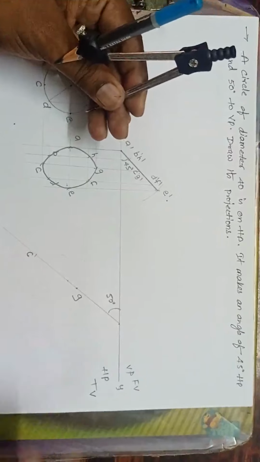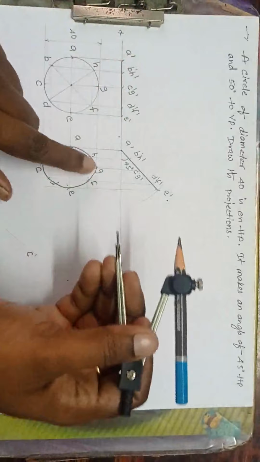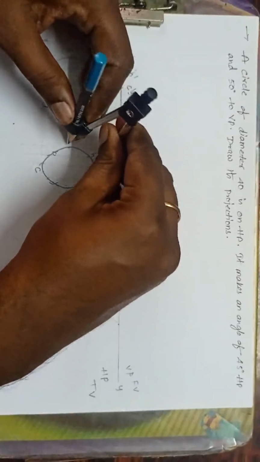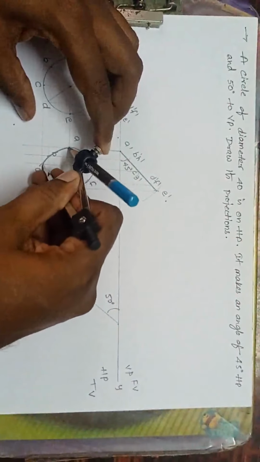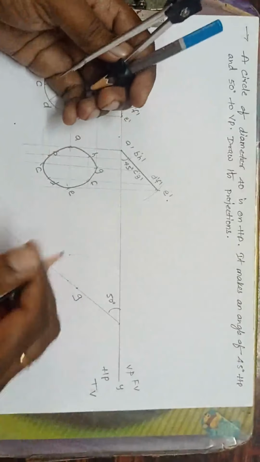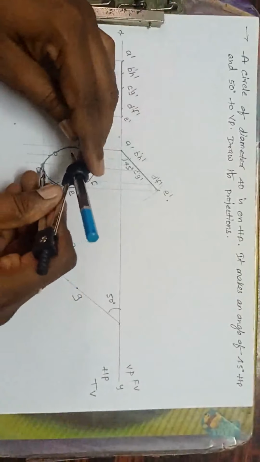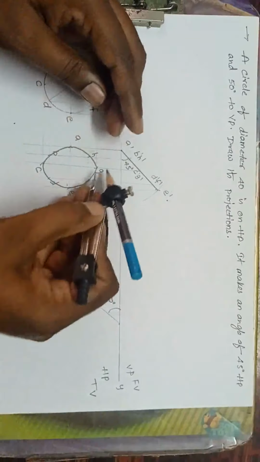This is C. Now using GC I have to draw all the points. First I will draw point A. Take radius GA, G as center, cut here. And CA, C as center, I will get point A. Now I want B. Take radius CB, draw an arc.